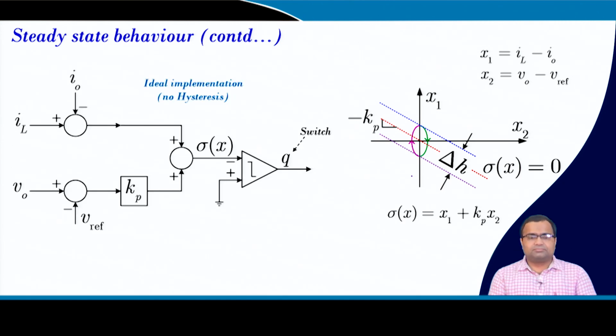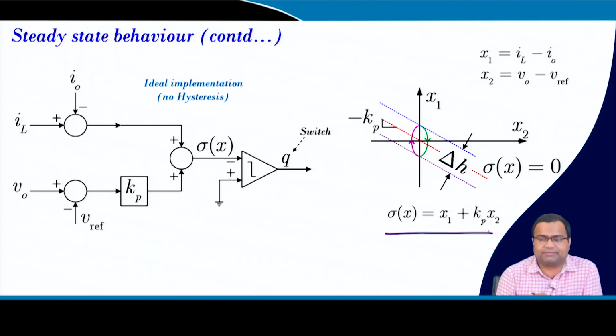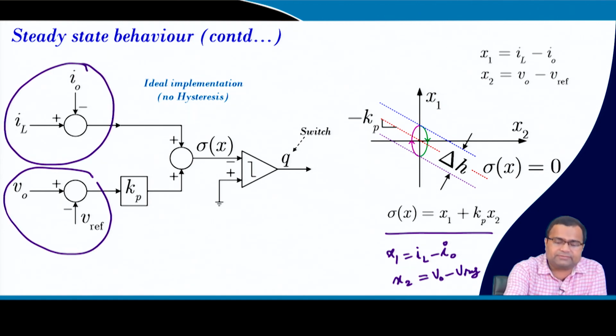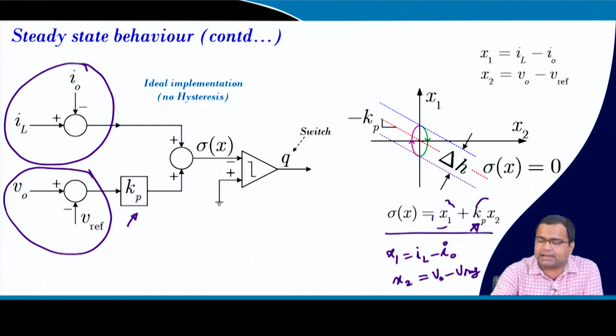Now, if we want to implement our ideal switching surface, since we have taken x1 to be IL minus I0 and x2 to be V0 minus Vref, this is my IL minus I0 and this is my V0 minus Vref, and then we have a Kp here. So, this is my proportional controller and these two are added up, and this is my sigma x.